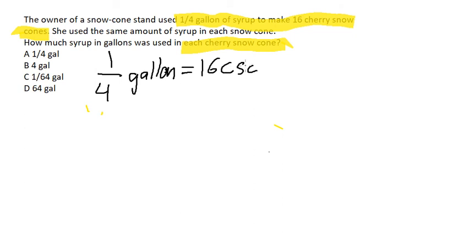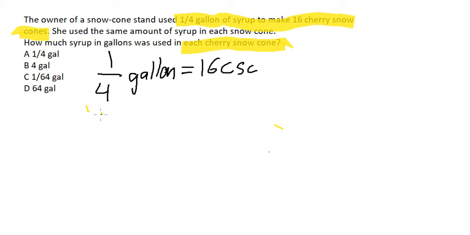I'm just going to use CSC as an abbreviation. So here we have it. 1/4 of a gallon equals 16 cherry snow cones. And what we're trying to find out is how many gallons are needed for 1 cherry snow cone.